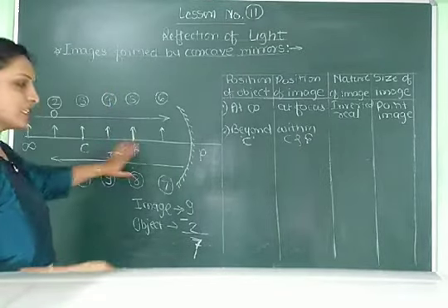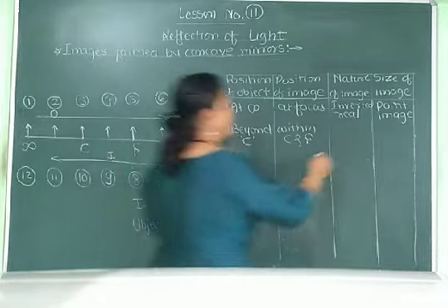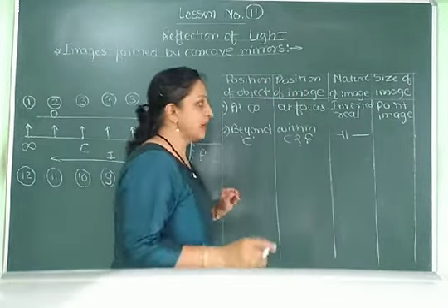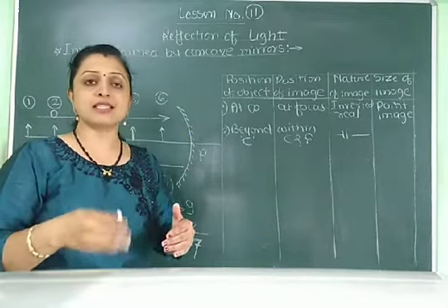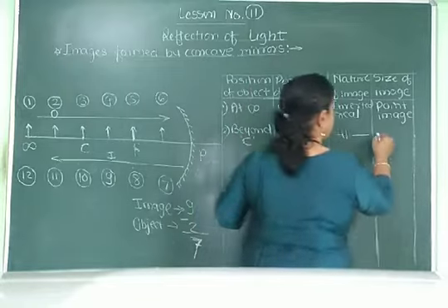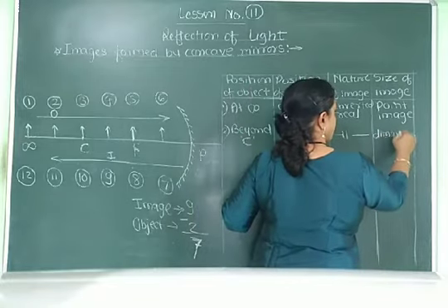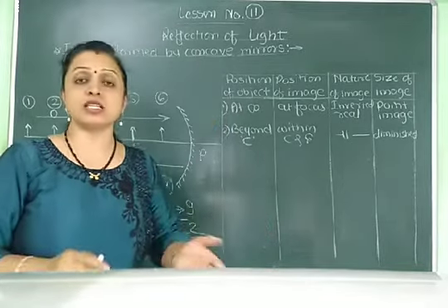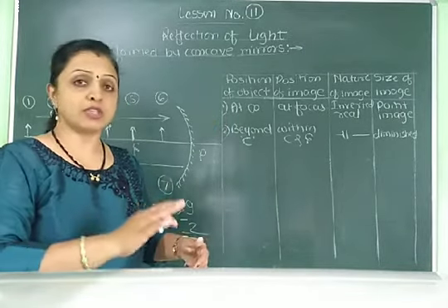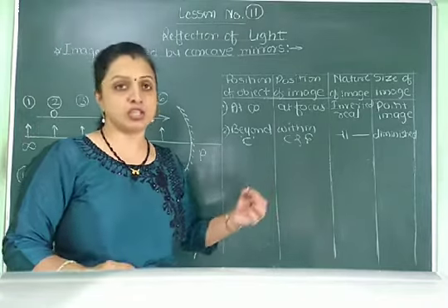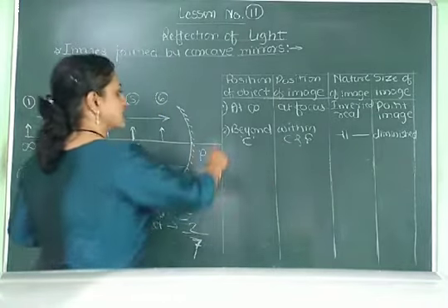Again, that image is on the same side of the mirror, so that should be inverted and real. But now slowly the size of the image goes on increasing. Therefore, here we get a diminished image. It means the size of the image is smaller than that of the object. Therefore we call it a diminished image. So this is the second column.